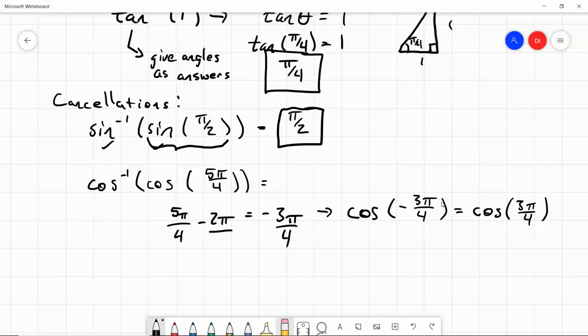Mason, because that's the period of our function. With trig functions, whatever the period of the function is, you can always add or subtract it to your input, and you'll get the same exact output because they look like little waves.